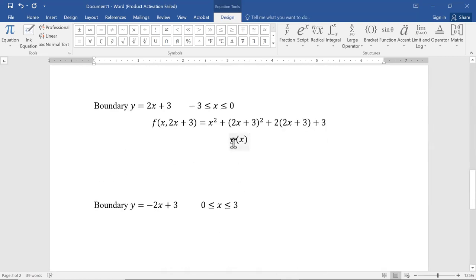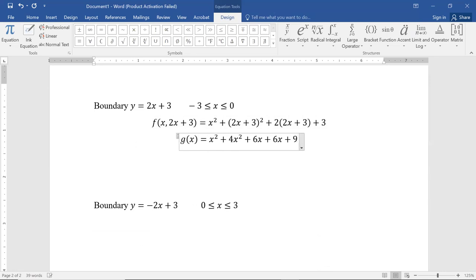We do the same thing. I'm going to have a single variable function. We'll call it g, and I'm going to have a critical value of that. So let's expand this out. This is x squared plus, when you square this, you're going to get 4x squared plus 6x plus another 6x, and then plus 9. When I distribute, 2 times 2x plus 3 gives me 4x plus 6, and then that plus 3.